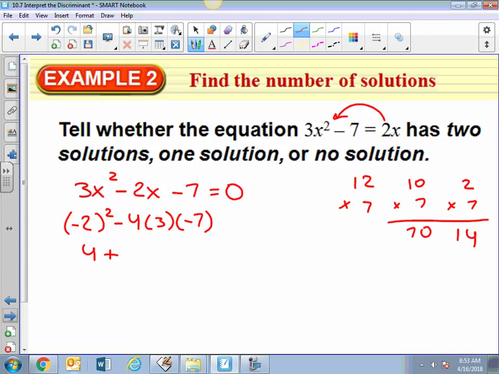If you put that together by adding, you would get 84, all right? So if I get 84, there's definitely 2 solutions, all right? Next example.